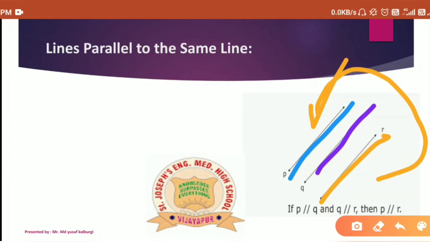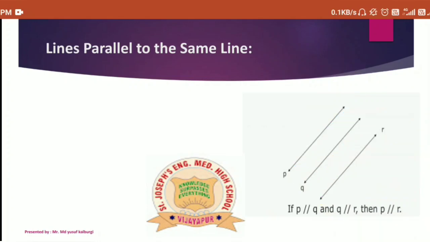So P is parallel to Q, Q is parallel to R, therefore P is parallel to R.